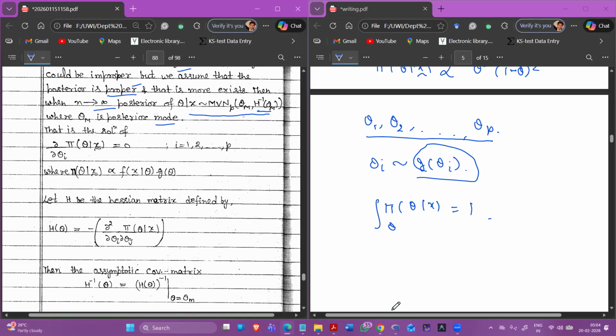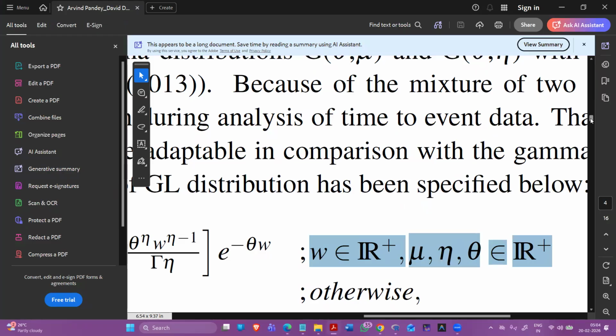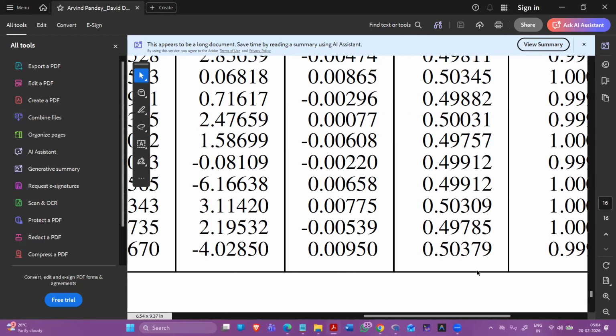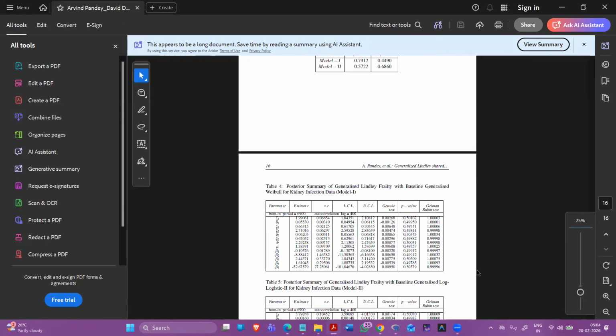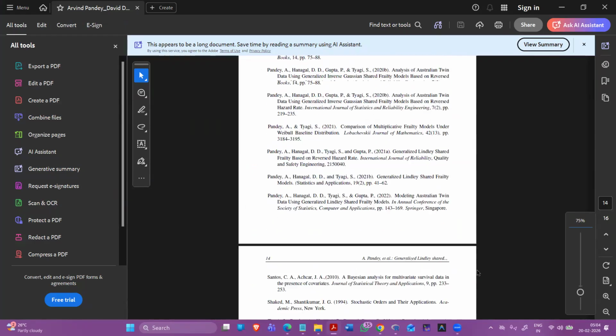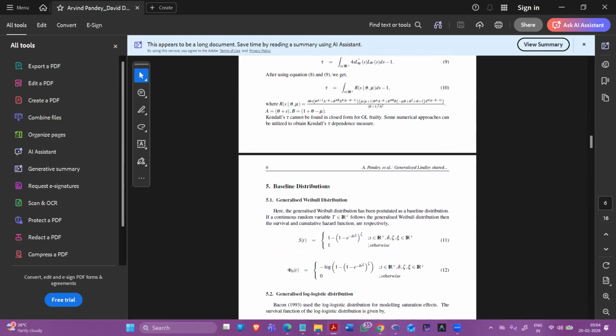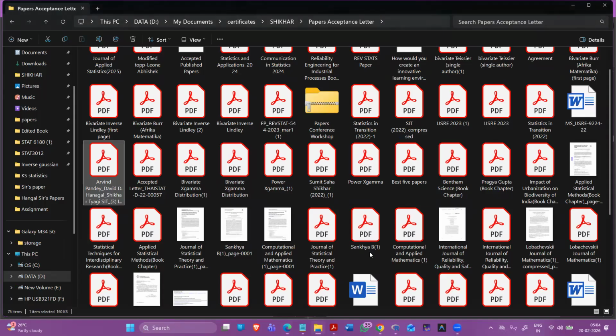What is the application of this? I want to show you with a research paper. Did I upload this research? No, give me a second.